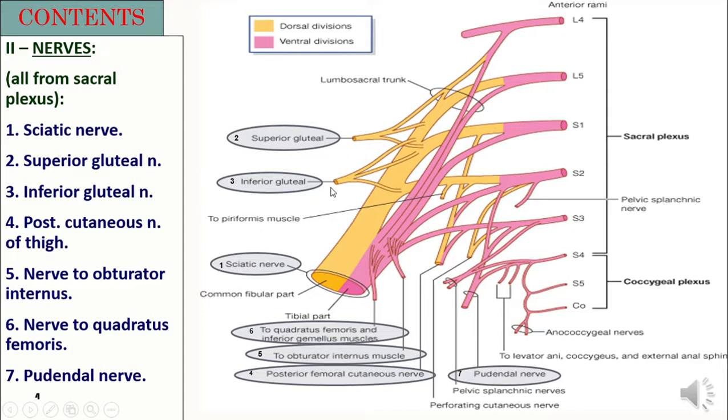Then number 4 is the posterior femoral cutaneous nerve, or posterior cutaneous nerve of the thigh. And we have the nerve to obturator internus here labeled 5, and then the nerve to quadratus femoris, and the last one labeled here is the pudendal nerve. The distribution of these nerves will be discussed in the next slides.